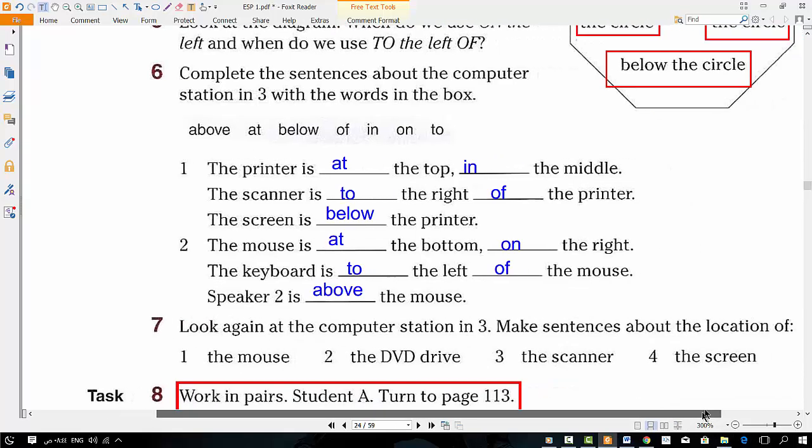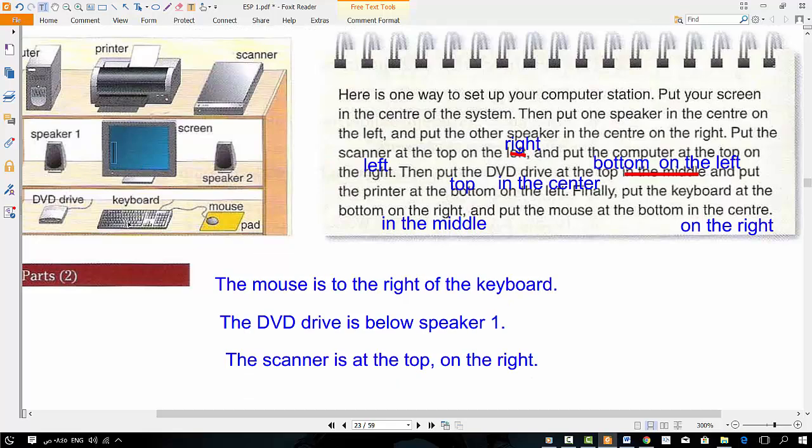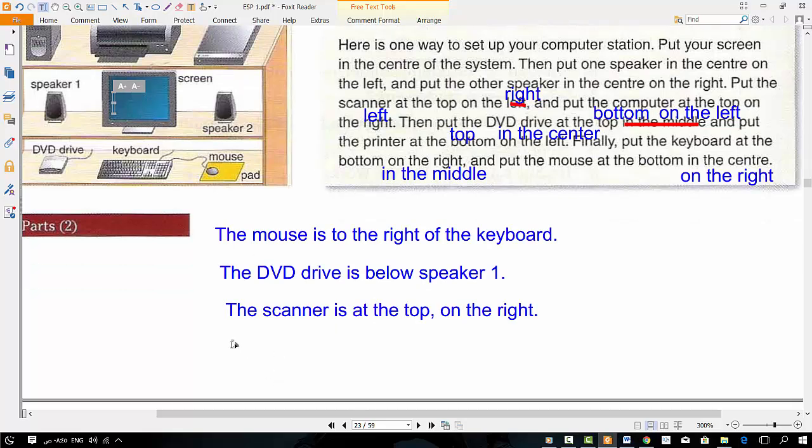Number 4, the screen. This is the screen. Where is the screen? We can say the screen is above the keyboard. The screen is below the printer. The screen is in the center. Let's use the last one.